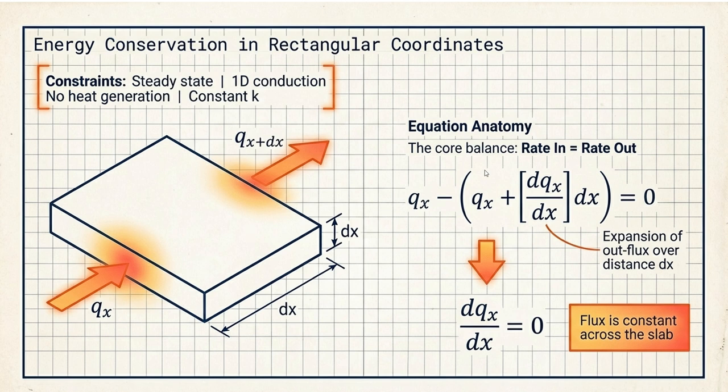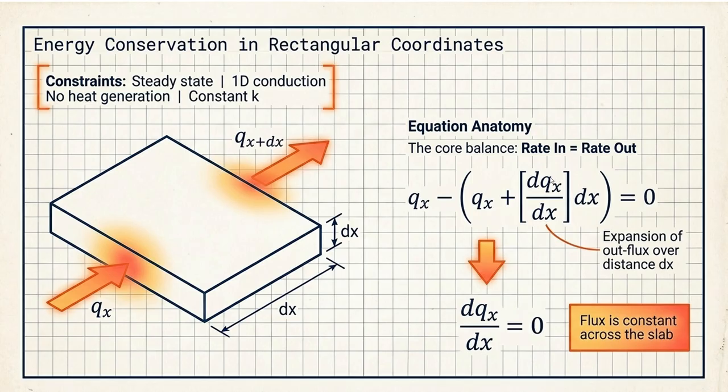Now, using energy balance equation, we'll use rate in minus rate out is equal to zero. That would be rate in is equal to rate out. As we assume steady state, there will be no accumulation term as well as no heat generation term. So at the input there is qx, that is heat input, that is rate in, and at output that is qx plus dx. Now qx plus dx is this, that is qx plus the rate of heat transferred from this slab to the surrounding through convection.